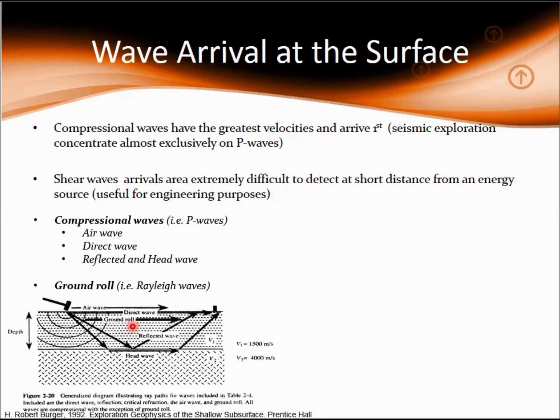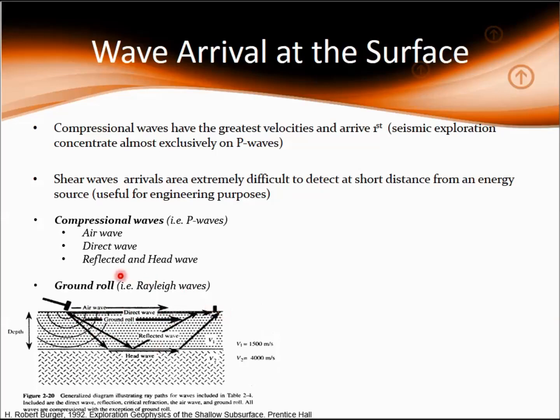the survey's concept. So when the impact is produced from the hammer, four types of compressional wave will be produced, namely air wave, direct wave, reflected wave, and the head wave.